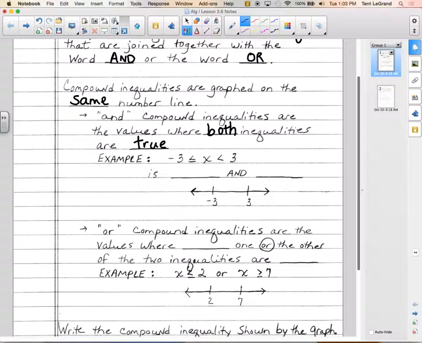We have negative 3 is less than or equal to x, and it's not written in there, but it is known that the word and is here, and x has to be less than 3. Let's separate that out and write them as two simple inequalities. We're working from the inside out, reading it backwards. x is greater than or equal to negative 3. And not only does x have to satisfy that, but it also has to satisfy x is less than 3.